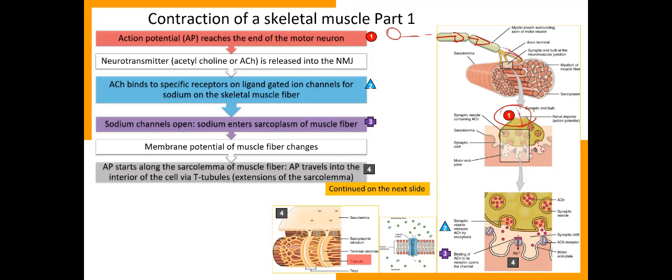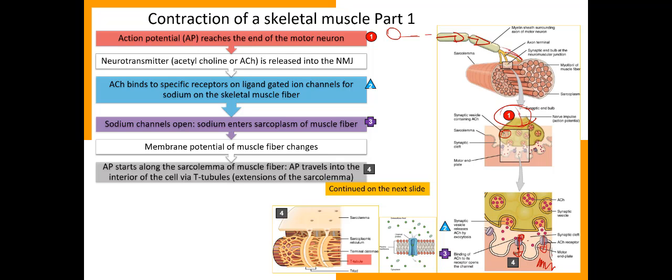When it reaches the end of the motor neuron, it causes the release of acetylcholine into the synapse, the space between the nerve and the muscle. And as I said, the acetylcholine then binds to specific receptors on the sodium ion channel. The sodium channels then open, sodium enters, and that changes the membrane potential of the muscle.